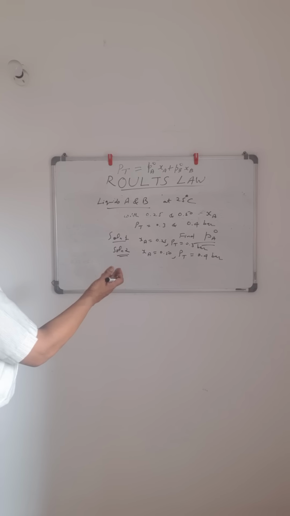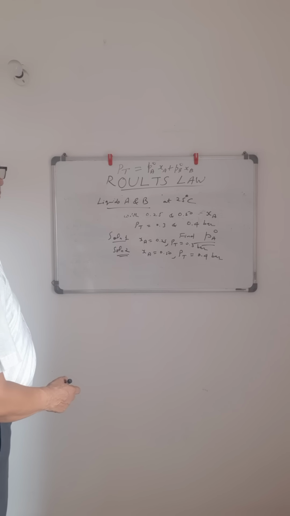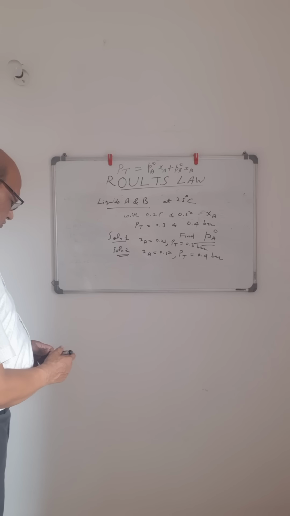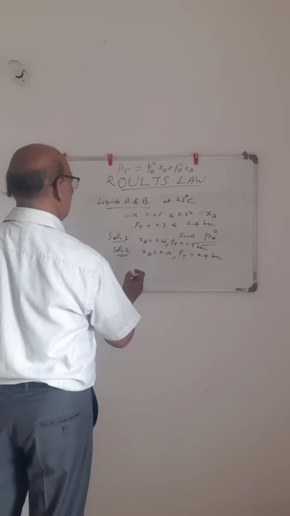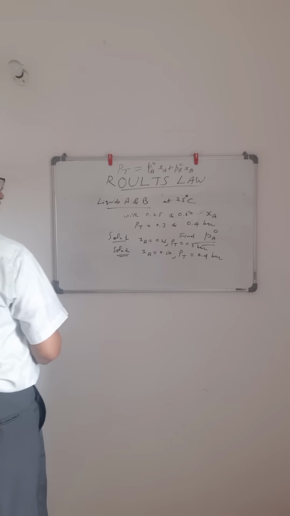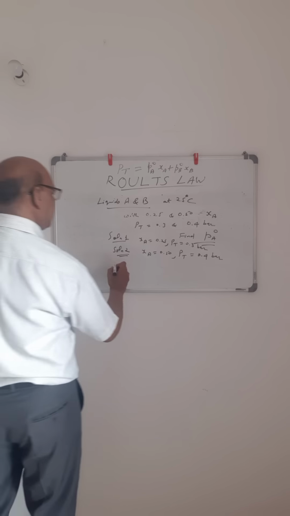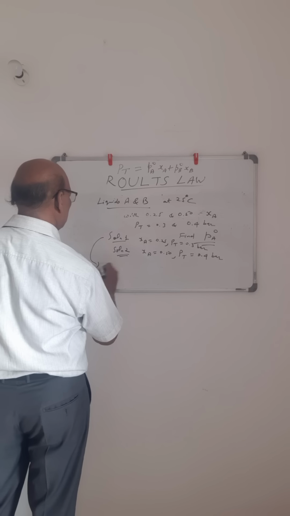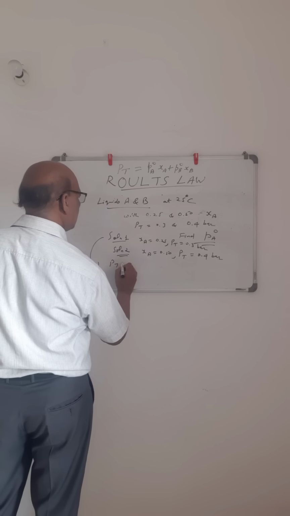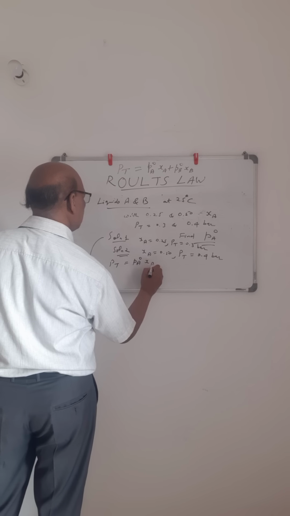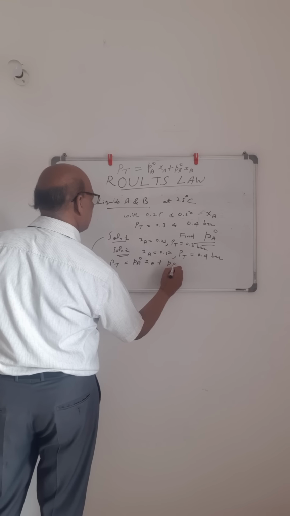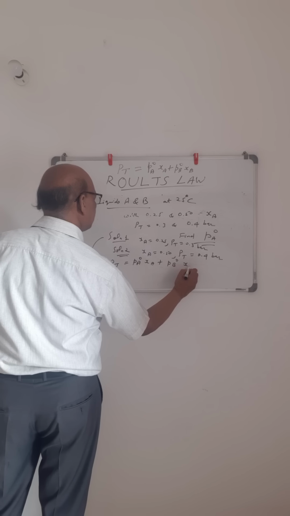So these are given, and what we have to find out is the vapor pressure of pure A. So we will apply the same equation, that is for solution 1, P total equal to PA naught XA plus PB naught XB.